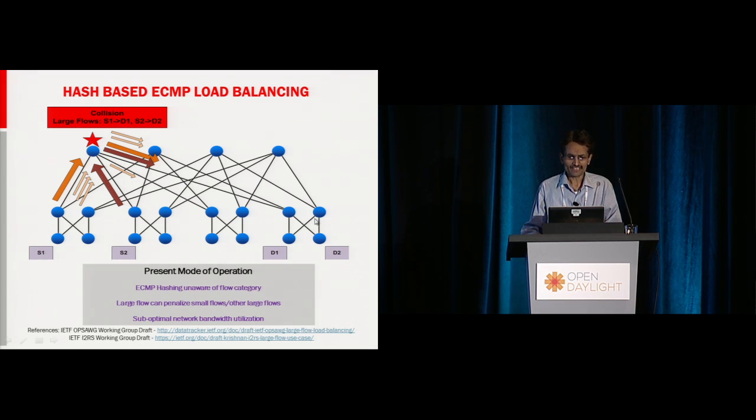And when they have large flows, in the core you could have collision, right? And poor bandwidth utilization and poor application performance, all because the hash-based ECMP is not flow aware. All that it knows is basically, it treats all the flows uniformly, right? That's the fundamental problem. In essence, you finally end up with suboptimal network bandwidth utilization or poor application performance.